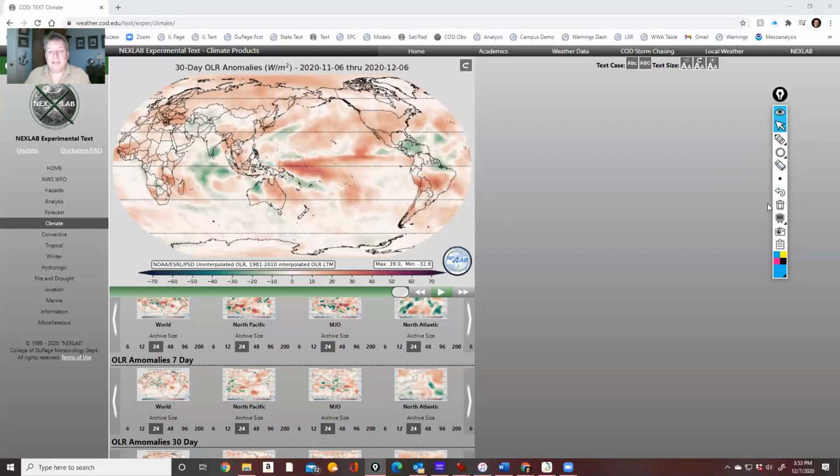The only difference is it's been wet way to the south, and at the end of 2020 we had a number of hurricanes. There was a big hurricane that came in and affected Central America. So that shows up on the anomalies of the OLR as well.